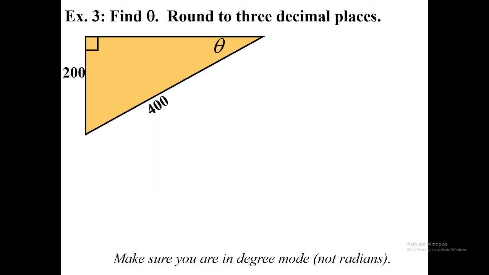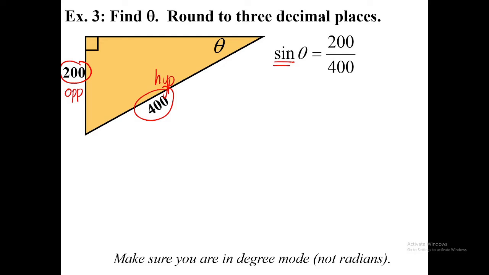Let's have another one. Find the theta, 3 decimal places again. With respect to this angle over here, is it sine theta is equal to 200 over 400? Is this correct? Why make use of sine? What is 200 here? Opposite. What is 400? Hypotenuse. Now, is this right? Am I using the right trigo function?